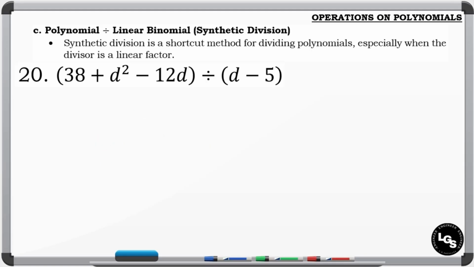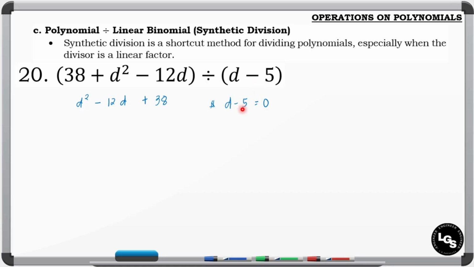In this case, we will first write d squared minus 12d plus 38. Next, we will set up the divisor root. Divisor root meaning d minus 5 equal to 0.